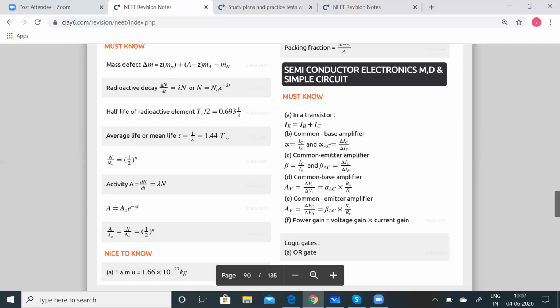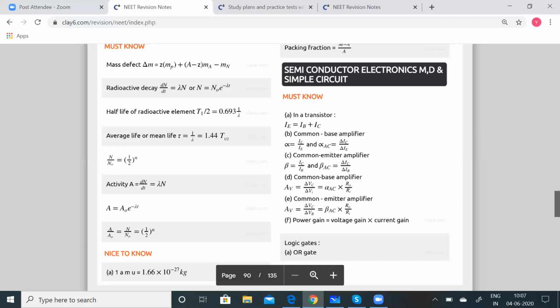All right. Next, coming to the extrinsic semiconductor. So, intrinsic and extrinsic semiconductors. Electrical conduction in pure semiconductors occurs by means of electron-hole pairs.